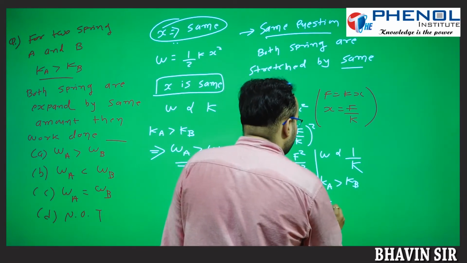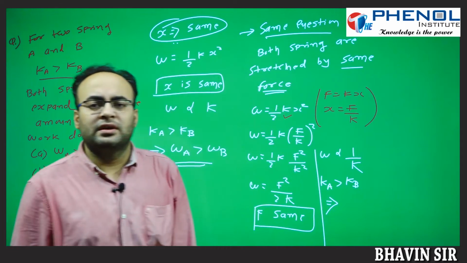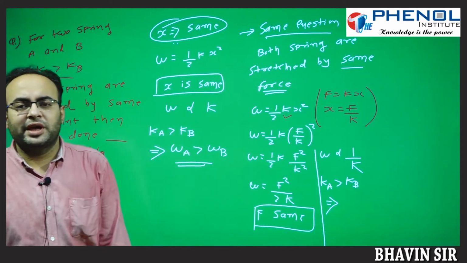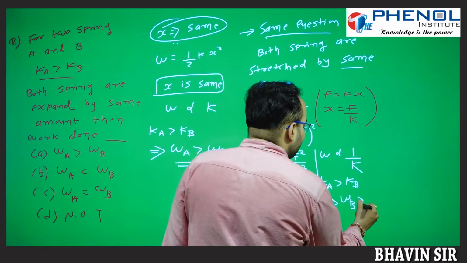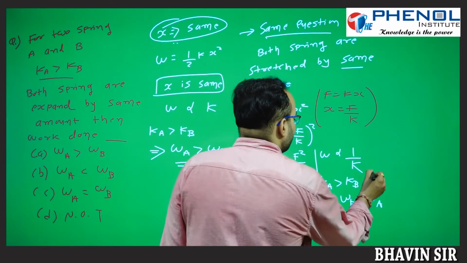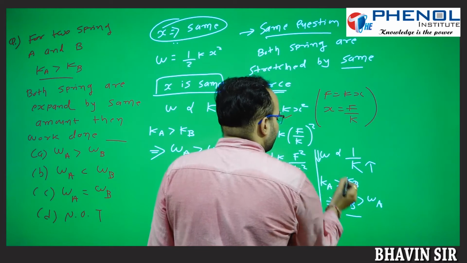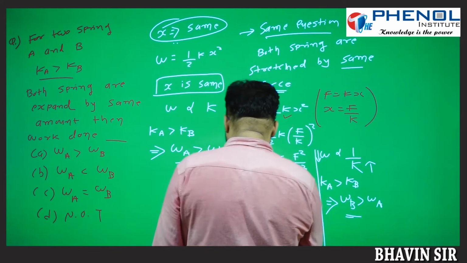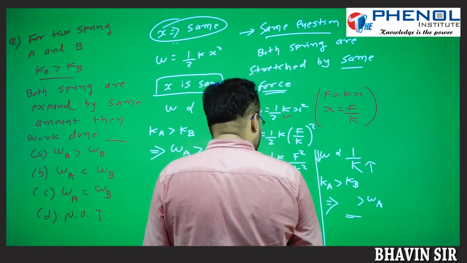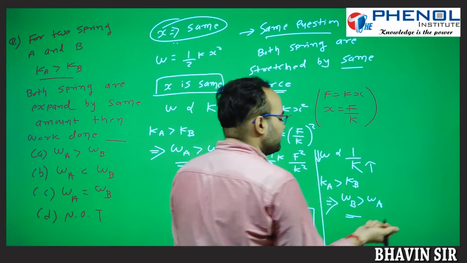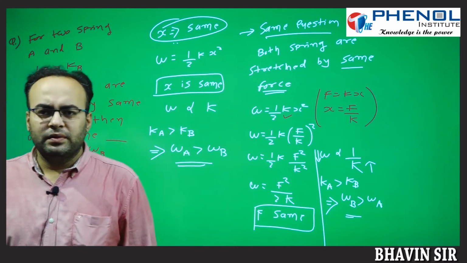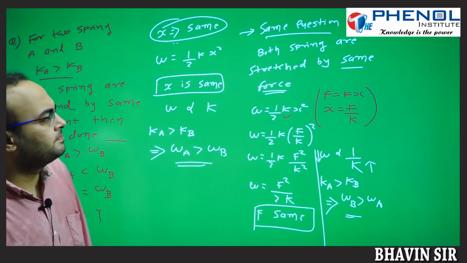Spring A has the more spring constant. So in which will the work done be more? In B, because they are inversely proportional. So the spring constant in A is more, so the work done in B is more, because they are inversely proportional.